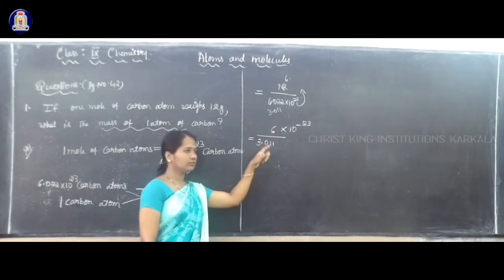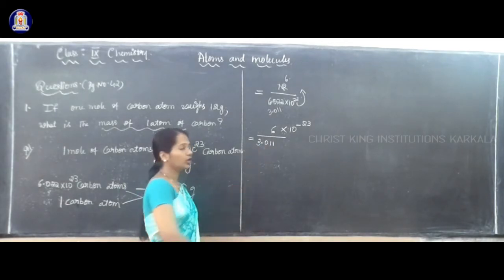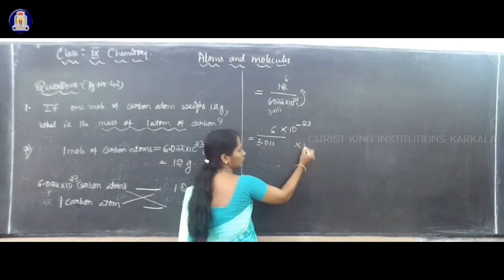Now remove this decimal. How to remove the decimal? There are 3 places after the decimal point, so multiply by 1000, and multiply the numerator by 1000 as well.